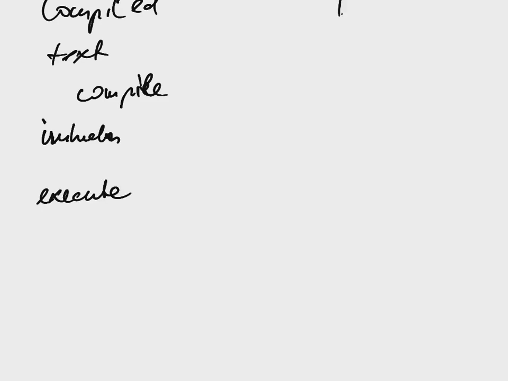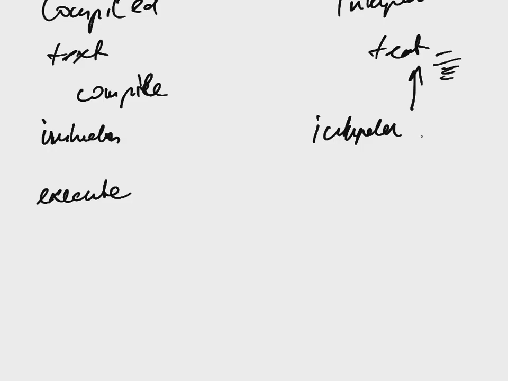But for interpreted languages, you have text, and then you run an interpreter, which reads the text line by line and executes it on the fly.